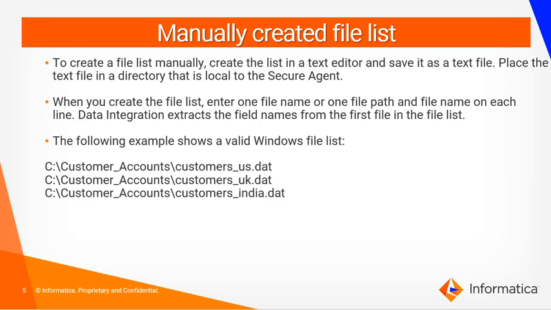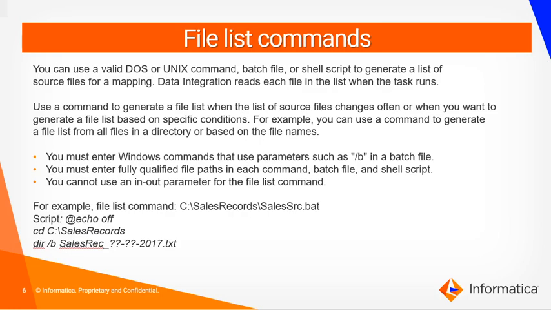Data Integration extracts the field names from the first file in the list, which means it would be used as the sample file for generating the field names. What you see here is a valid Windows file list. You can add n number of files which are of the same format.